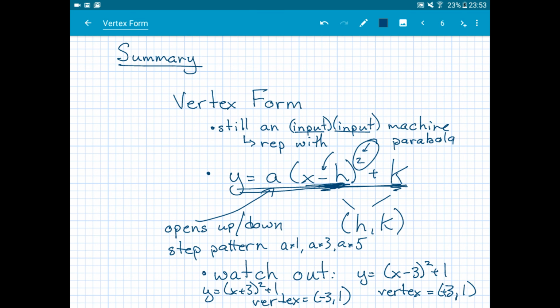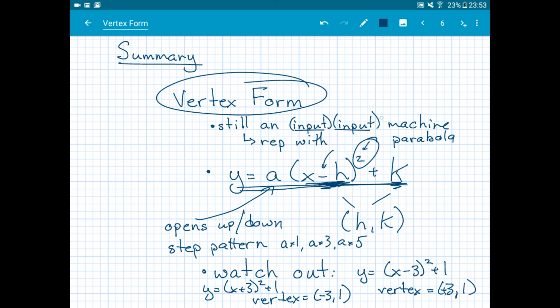So just to summarize one more time, vertex form is just another way of writing machines that have inputs times themselves somewhere embedded in them. When you make an equation in vertex form that summarizes these rules, then you get y equals a number times x minus a number all squared plus k.